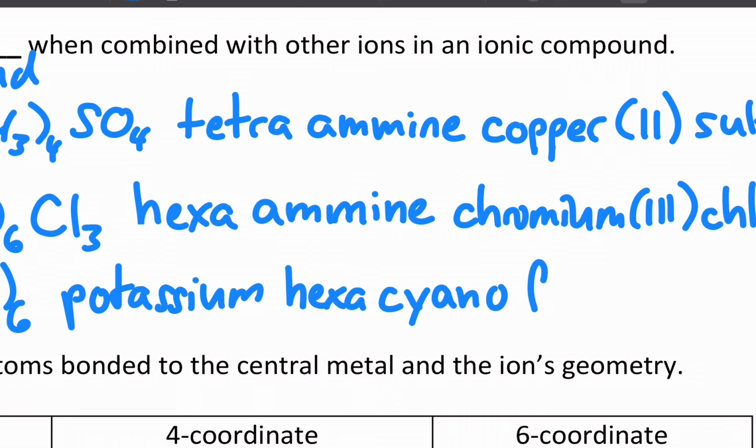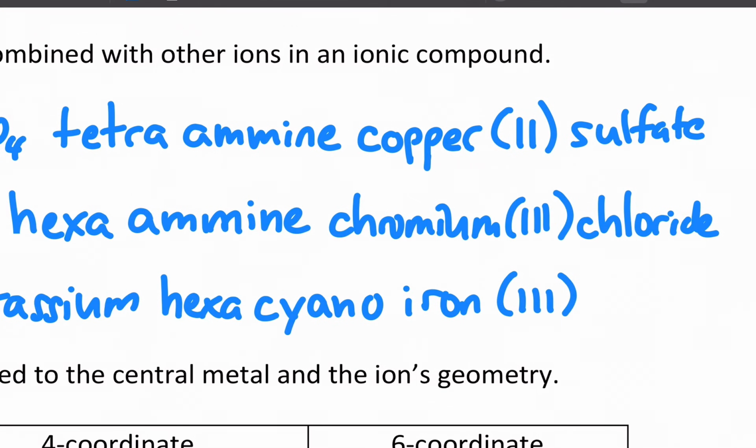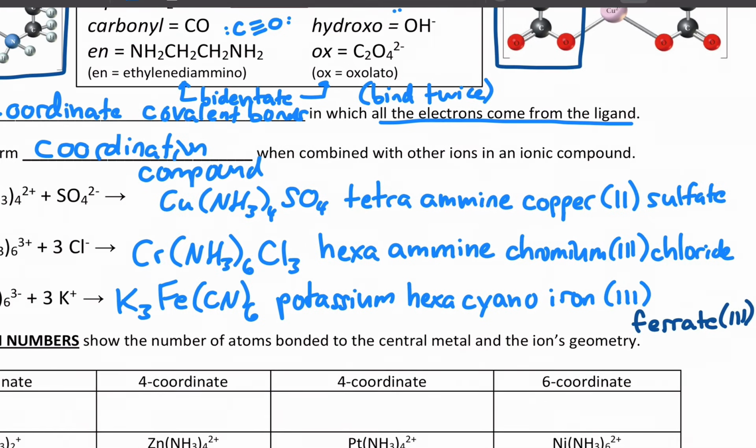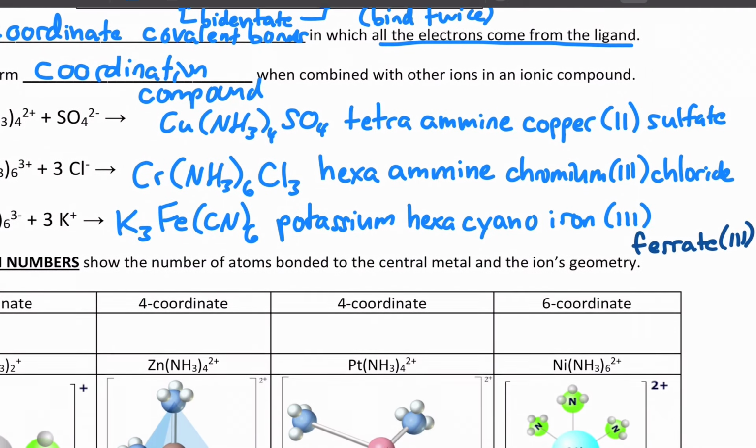And the iron you can just call iron 3, or sometimes they'll use the more old-fashioned name of a ferrate. That also means iron 3. You might see both of those. So you will not need to know how to name complex ions.